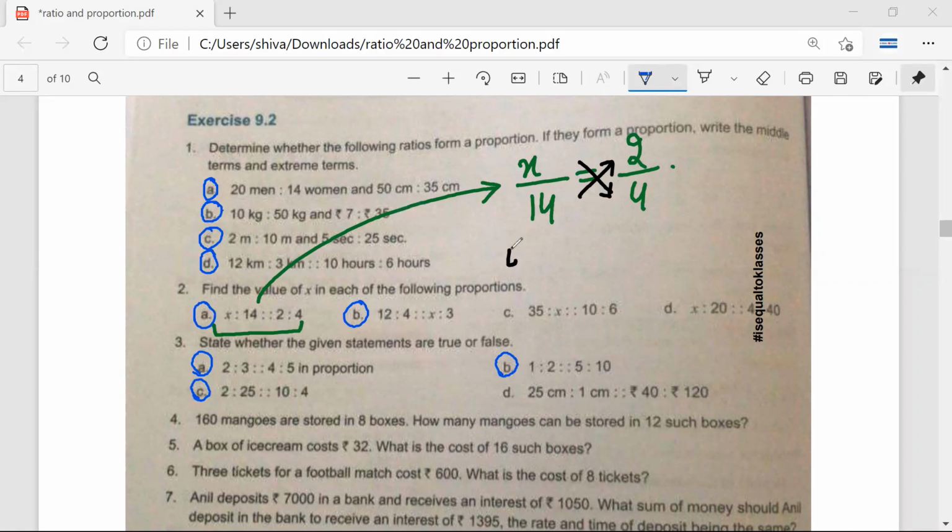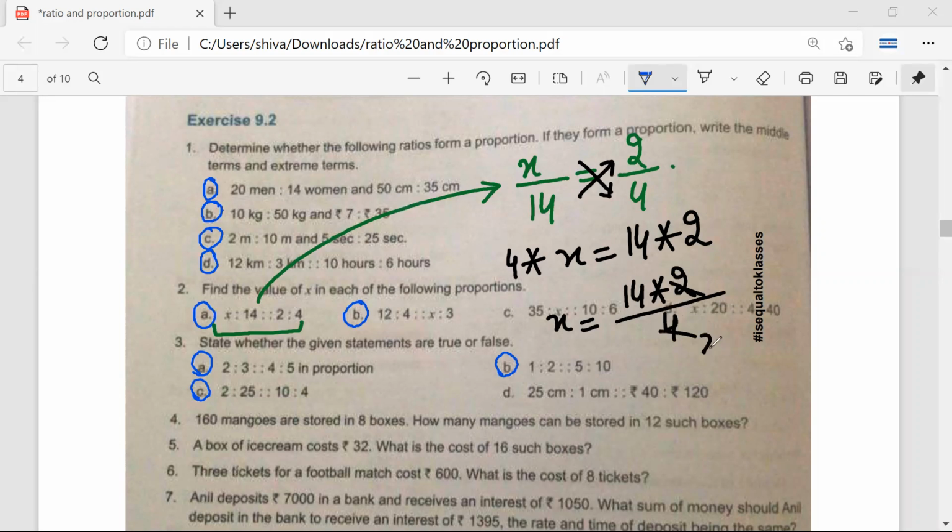Okay, sir. After that, what did you do? 2 into 14 is equal to 4 into x. After that, 4 into x is equal to 2 into 14. What is the answer you got? 7. Any doubt? No, sir.